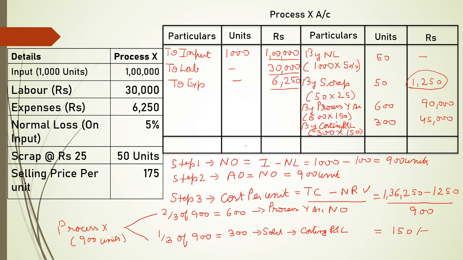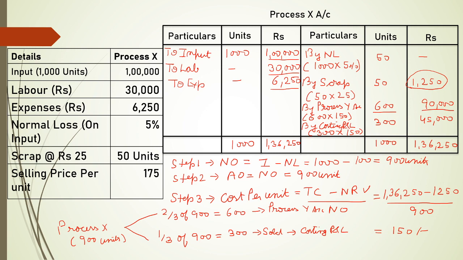Now we total the debit and credit sides to find the balancing value, but here there is no balancing value. On the debit side our number of units is 1000 and the amount is 1,36,250. The same amount is on the credit side because there is no balancing value.